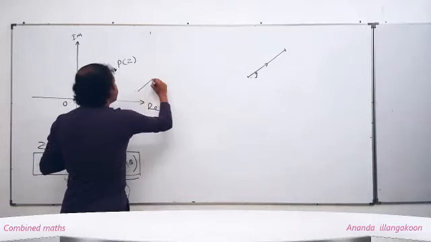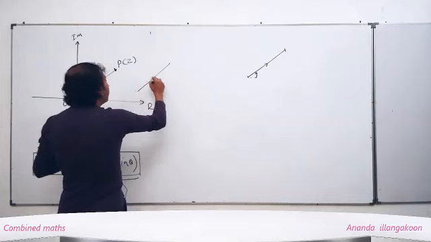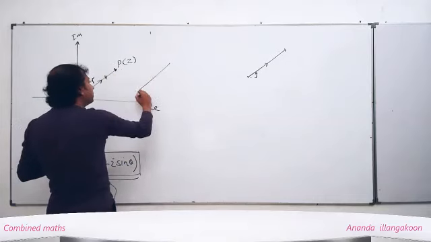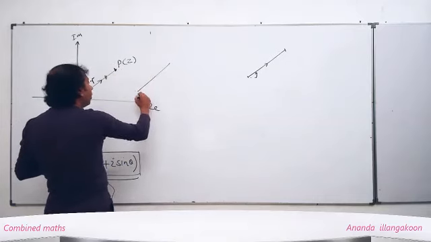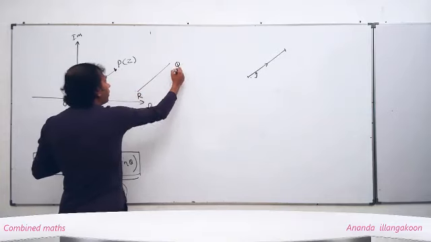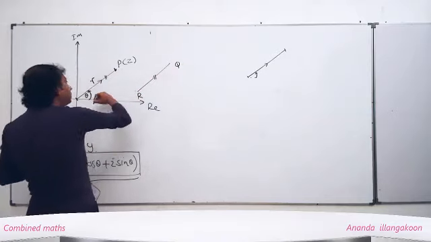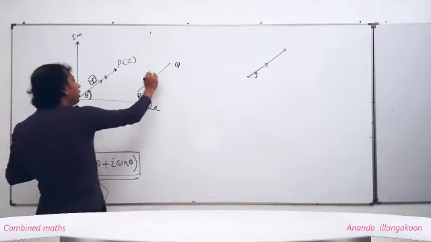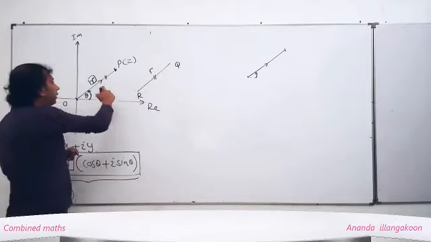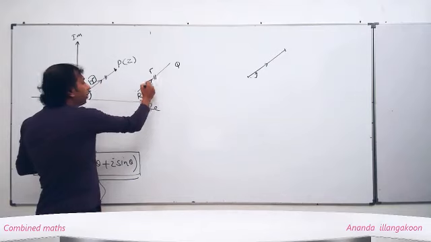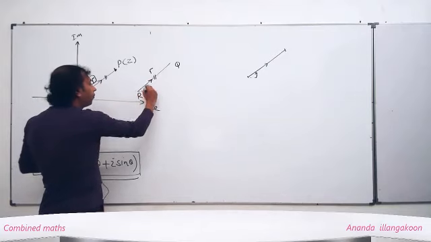This way. Then when we consider this OP and suppose this is RQ, this RQ length and OP length are equal, and this line segment and this line segment are parallel. Therefore, this angle is again theta.